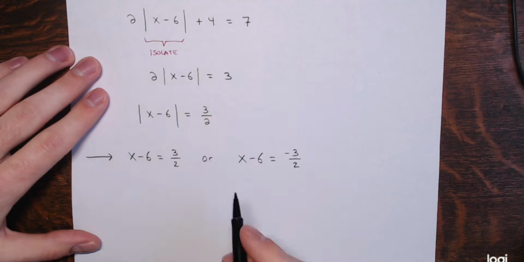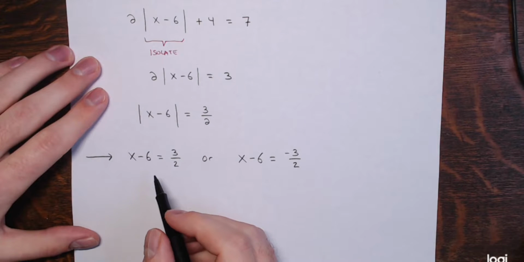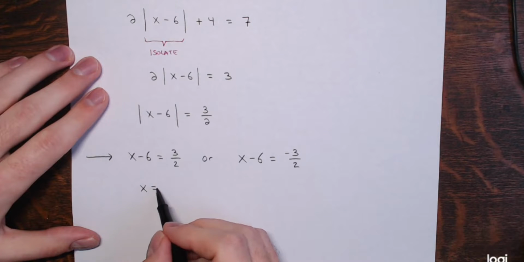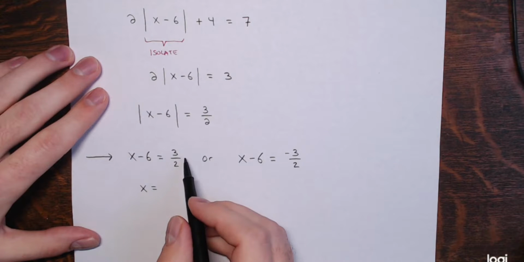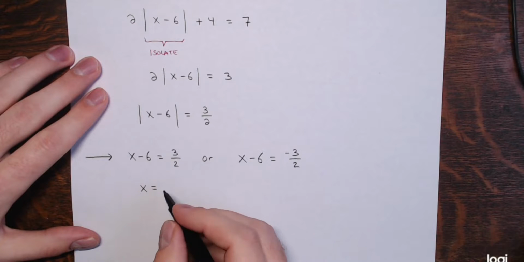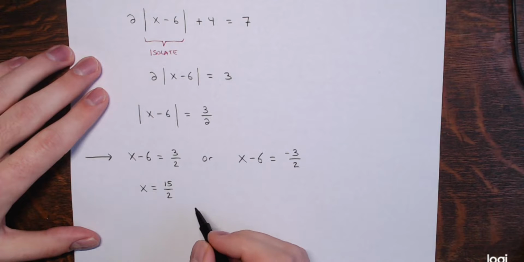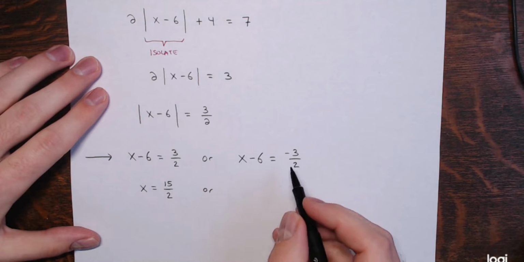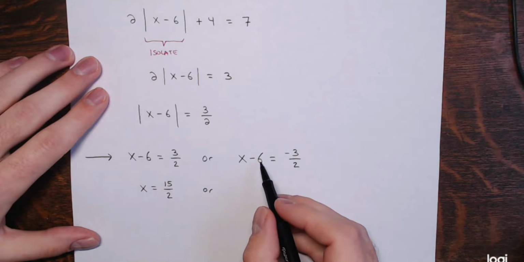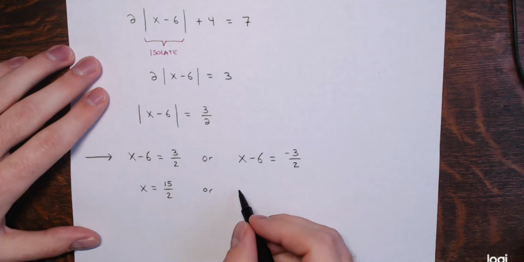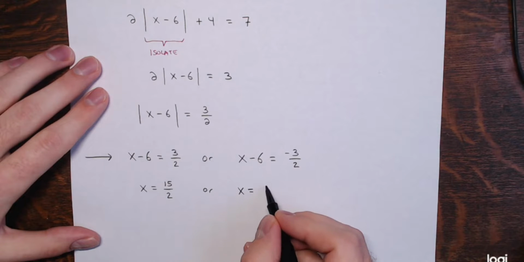Now remember, when you add or subtract, you need a common denominator. This would be 3 halves plus 6, but 6 is the same as 12 halves. 3 halves plus 12 halves would be 15 halves, or 7.5. And then negative 3 halves plus 12 halves would be positive 9 halves, or 4.5.